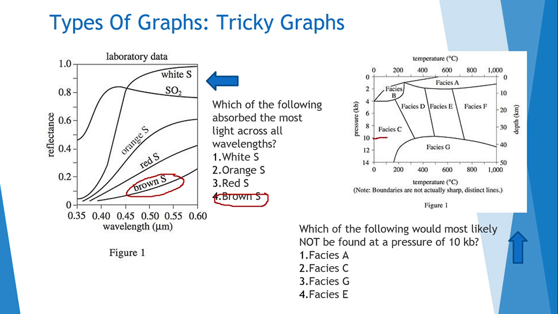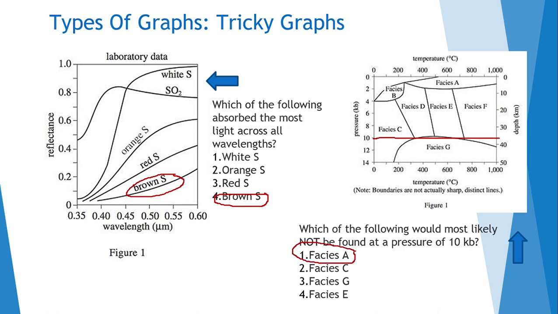If I draw a line through all of these, and I go all the way to here, I can see that facies C, G, and E, which are answer choices here, they might hit 10 kb, but I know facies A, which is also an answer choice, it's never going to hit 10 kb. So that's what I'm going to pick.